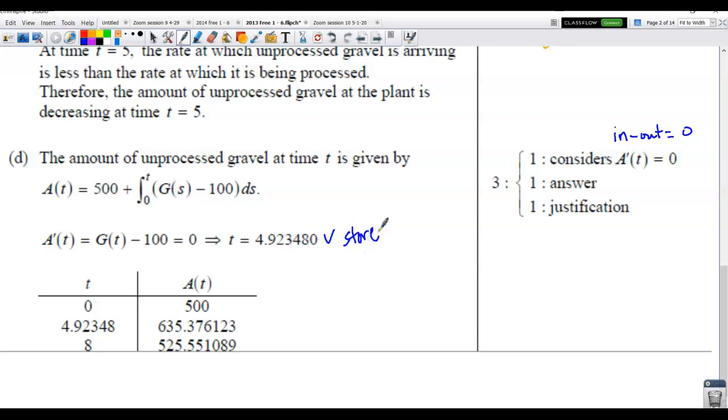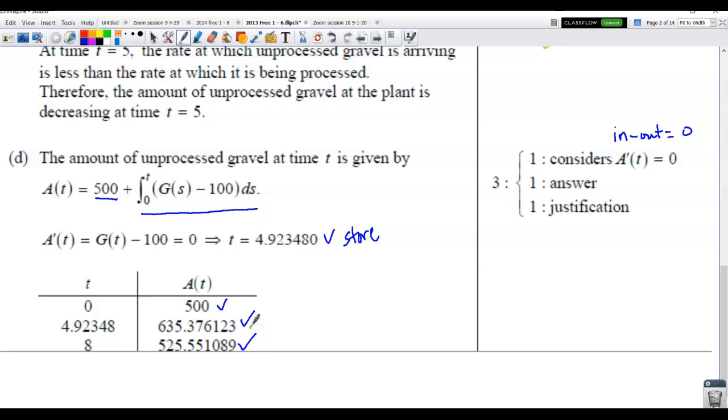Again, that comes directly off of your calculator. And then we're going to need to accumulate the amount of gravel at the two endpoints. So at 0, there were 500. Our integral says take the initial amount of gravel that we had, add it to the amount that we bring in and process out. So we accumulate that on the calculator, accumulate to 8, and those are the numbers that we get.